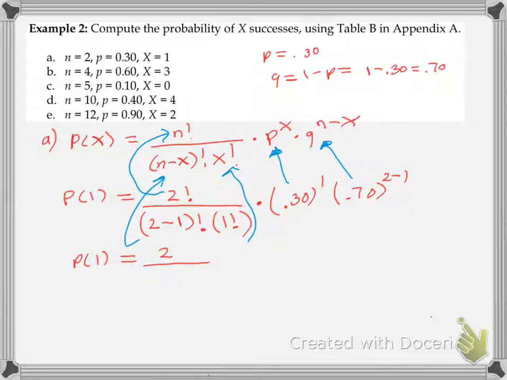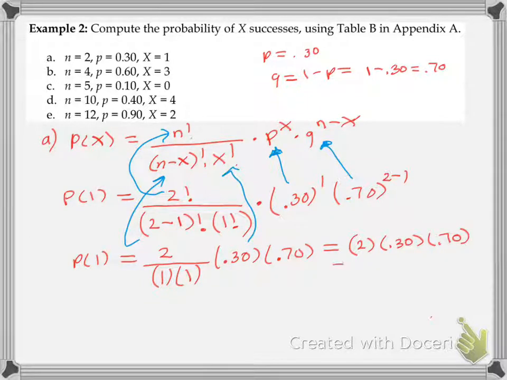Then 2 minus 1 factorial is 1 factorial, but remember from our convention, 1 factorial is just 1, and then times 1 factorial, again 1. Then times 0.30, because that's just the first power, times 0.70. So in essence, what we have here is 2 times 0.30 times 0.70. If you calculate that, you will get 0.42.